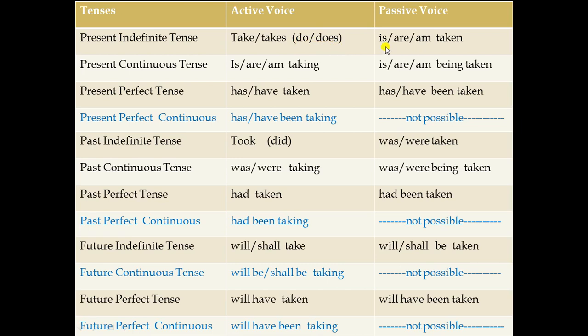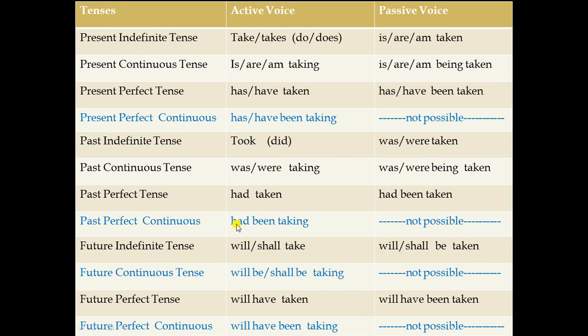But when you convert these sentences into passive voice, you use is, are, am as helping verbs, followed by the third form of the verb. Similarly, you can go through all the helping verbs according to the tense, and you can keep it in your mind while you are converting from active to passive voice.